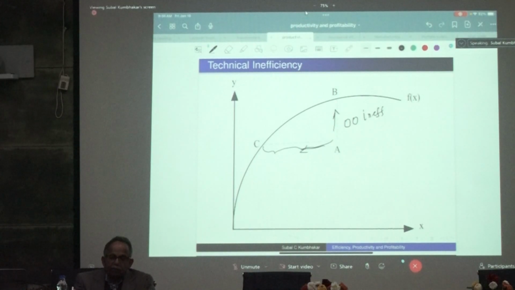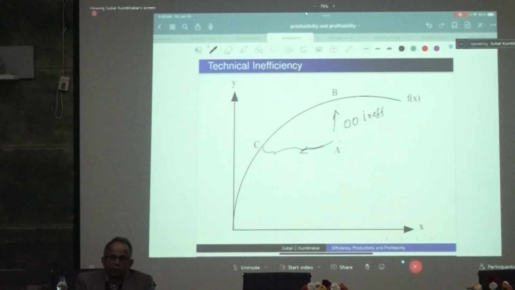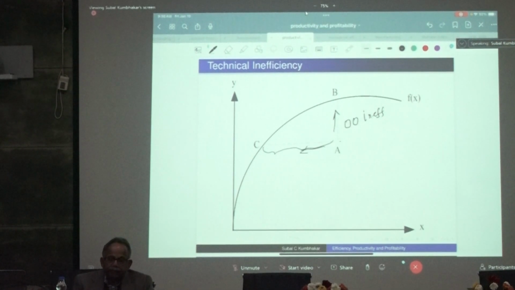In other words, what I'm saying is that the distance AC indicates how much of the inputs are overused or unnecessarily used. That means you can reduce your input use by this distance AC without reducing your output.